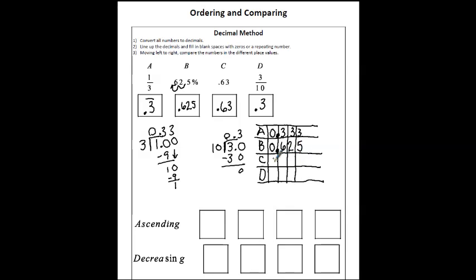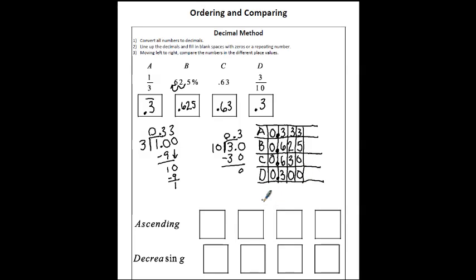See how all my place values are lined up? My ones, my decimals, my tenths, my hundredths, and my thousandths. So we write C as 0.63, and then I don't have another number for that, so I'll put a 0. And D is 0.3, and I'm going to put 2 placeholder zeros.